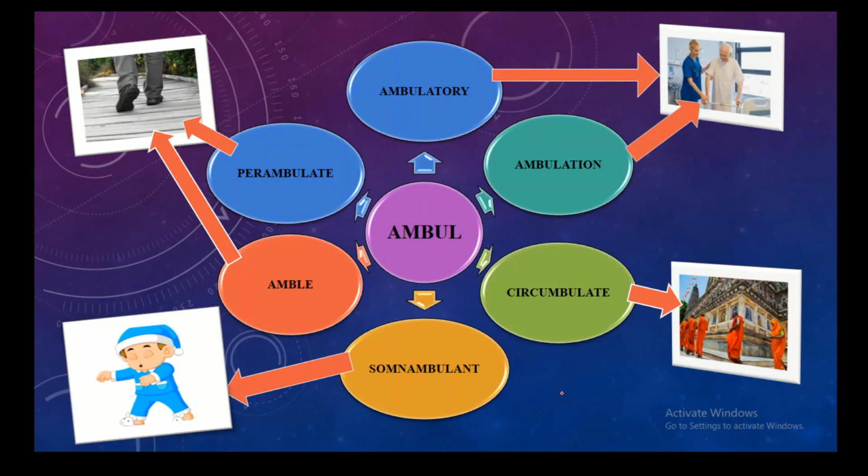Next is somnambulant. Somnambulant meaning habit of walking while asleep. Noctambulant is also there, another word for somnambulant. So see in this picture, a somnambulant sleeper is walking while asleep. Okay, so this is the example.